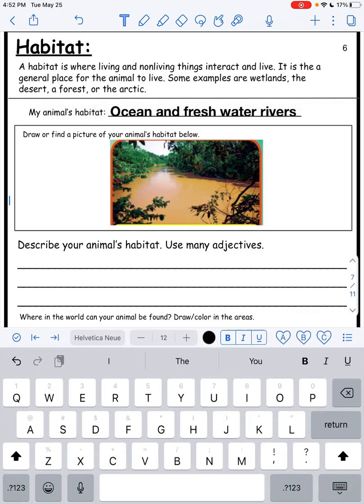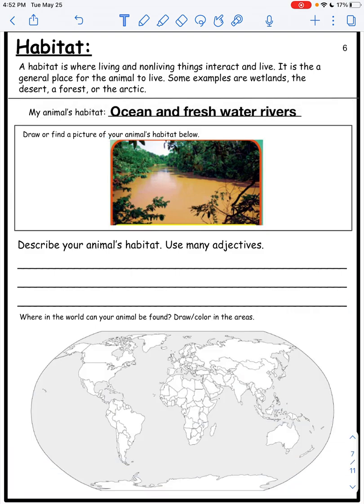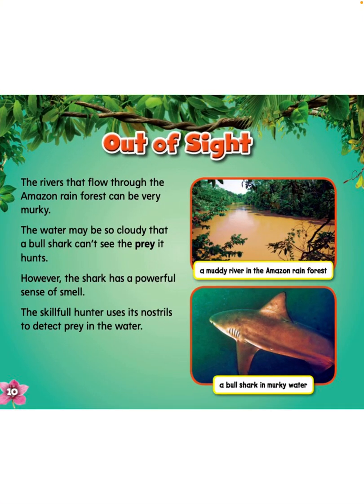There we go. And it says describe your animal's habitat. Use many adjectives. So this is a little tricky for mine because it's in the ocean and in rivers. So I might just pick one that I feel like it gave a good description of. It did give a good description of the Amazon rainforest and the rivers, and it said that the rivers that flow through the Amazon rainforest can be very murky. The water may be so cloudy that a bull shark can't see the prey.